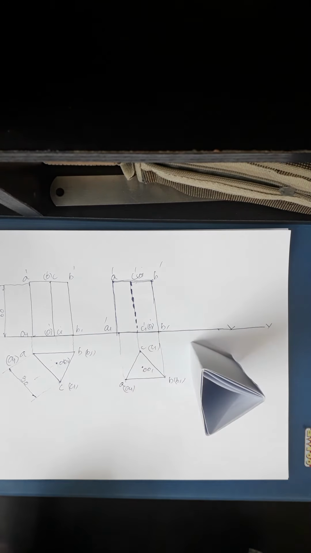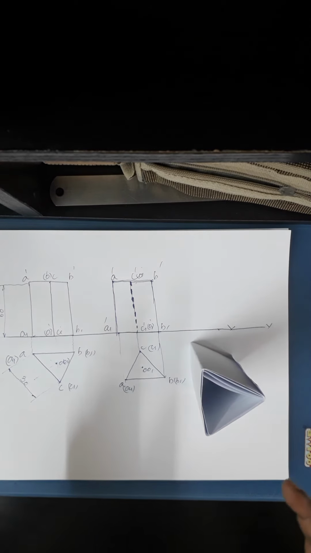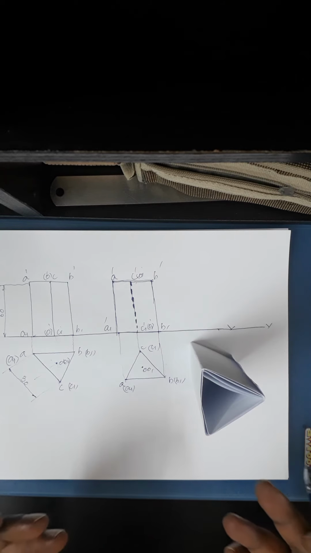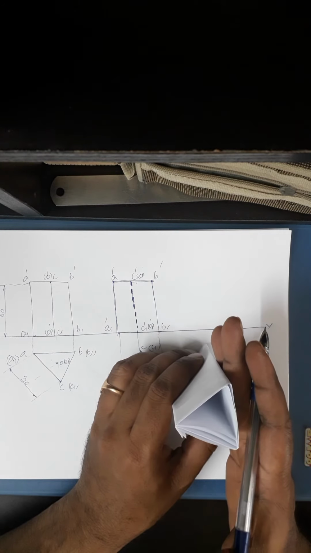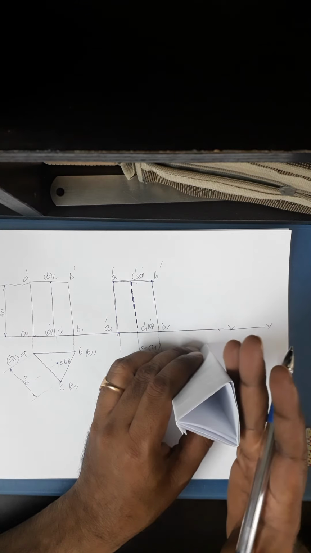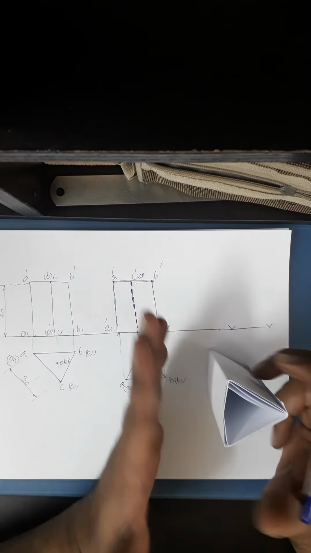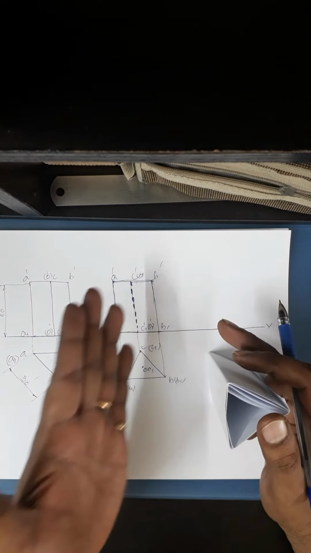Then I can say a triangular prism with base edges of 30 mm and a height of 60 mm is resting on its base on HP such that one of its rectangular surfaces is perpendicular to VP and is towards right. If I keep it this way, I can say it is towards left.